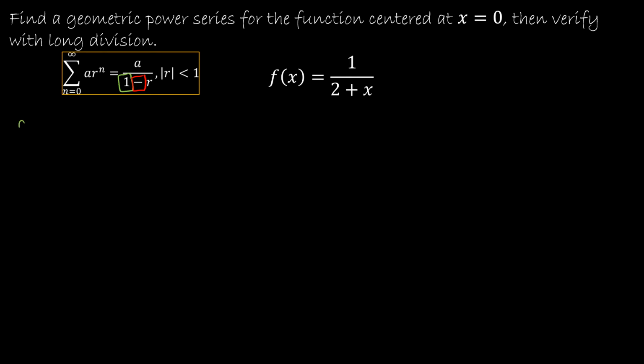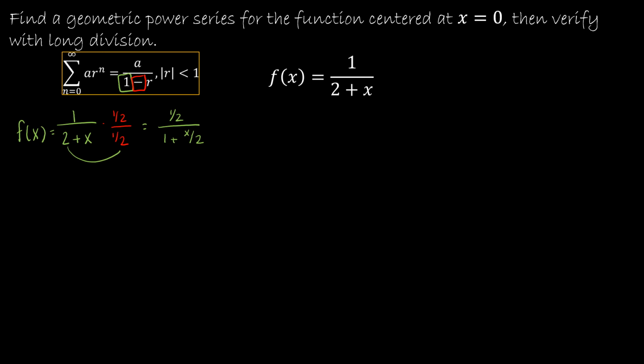So I'm going to start by saying f of x is equal to 1 over 2 plus x. And I'm going to start by turning my first value in the denominator into a 1. I'm going to use the same strategy I did last time, which was to multiply by 1/2 over 1/2. That's going to leave me with 1/2 in the numerator, and then 1 plus x over 2 in my denominator.